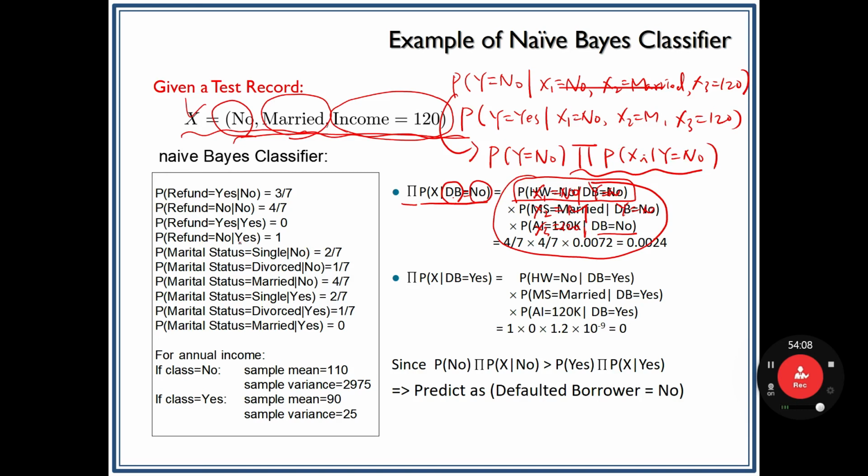The homeowner, this is not refund, this is homeowner, is no given y is no. That is 4 over 7. And x2, marital status is married, given y is no, is this probability, 4 over 7.